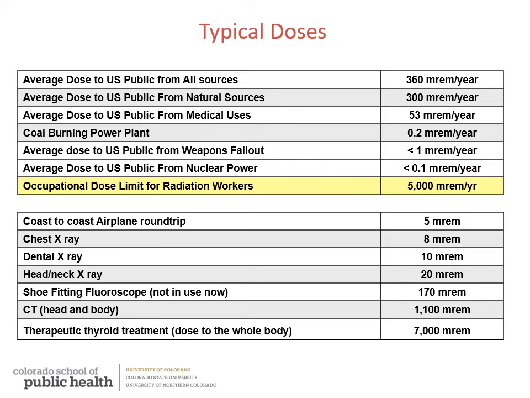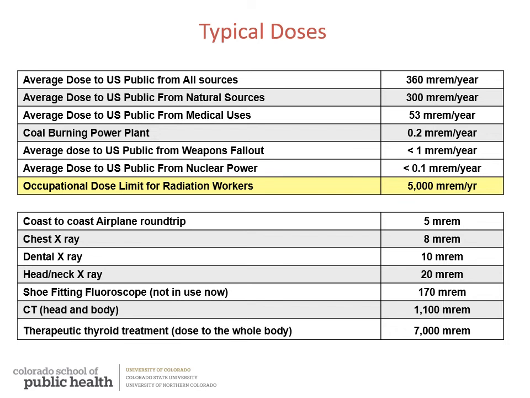Approximately a little less than 60 of that is due to medical uses. And you can see some of these other sources from weapons fallout, coal burning, nuclear power, and some of the other things that are relatively common. Now, a coast-to-coast airplane trip is not much less than a chest x-ray, or a dental x-ray, which is a little bit more.